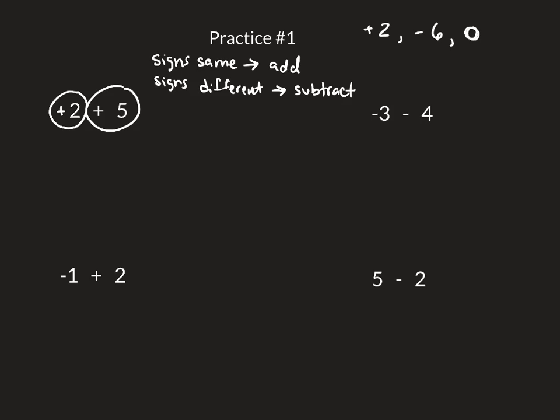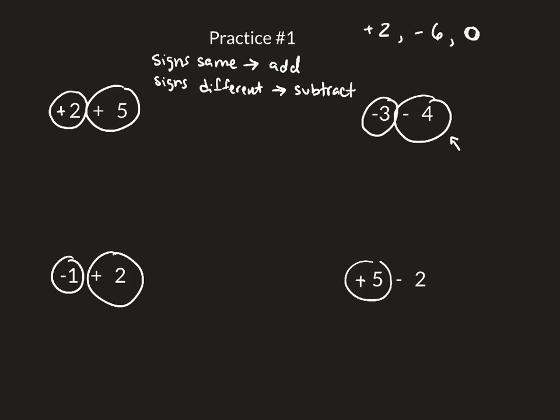So I'm going to give you guys time to work these out, but I want to make sure that you all know that I'm going to circle this. This is a -3 and this is a -4. I know you normally see that as -3 minus 4. That's okay, but that negative belongs to the 4 here. And here's a -1, here's a +2. And this is actually a +5. This is a -2. So remember, when the signs are the same, you add.